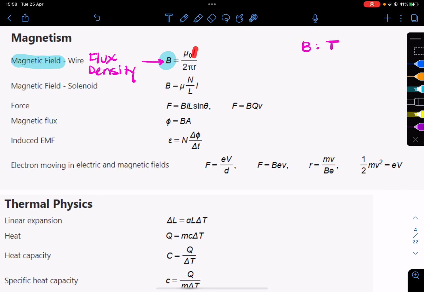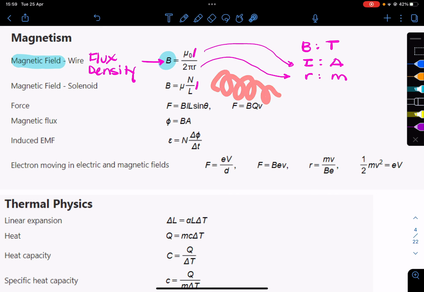Now this is I, and the unit for that is amps or amperes, and R is the distance. It's not the radius, it's the distance, and that's in meters. Same with this I here. N has no units. N is just the number of turns in the solenoid.